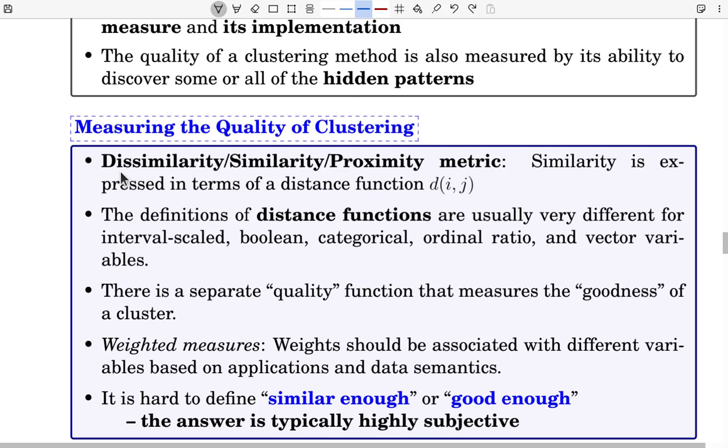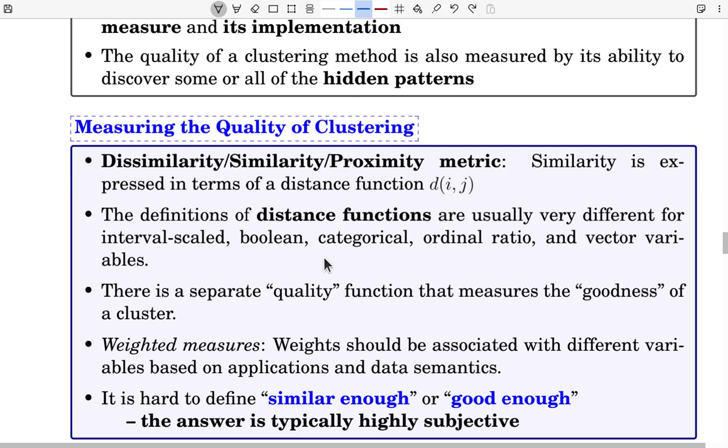Okay, now dissimilarity, similarity, proximity metric. Similarity is expressed in terms of a distance function. So start with a distance function, and along with that you can make groups, so depending on the definition of the distance function, your clustering result will be different.